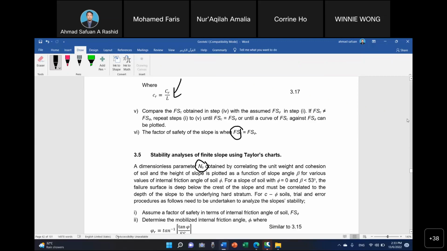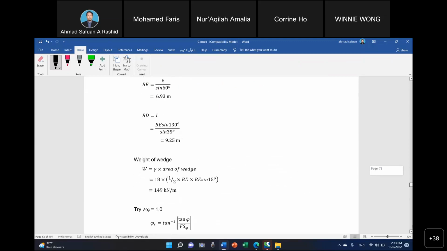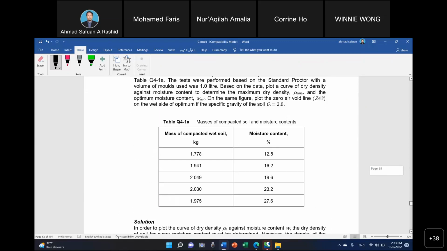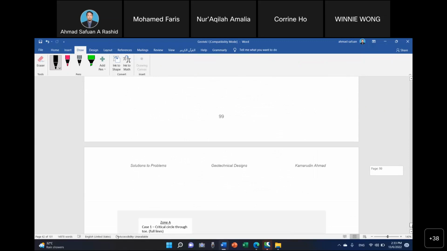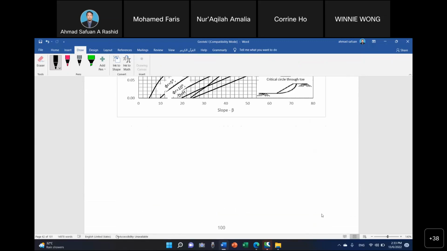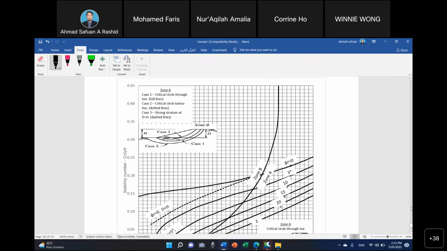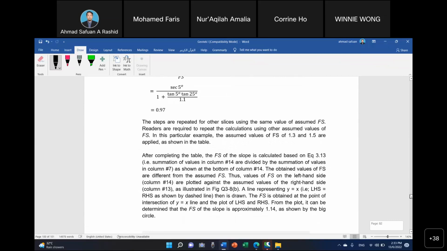So we need to refer to the chart for the Taylor. Actually the chart is in the appendix, so you may refer to the appendix for the Taylor. Again, we may discuss later based on the example.